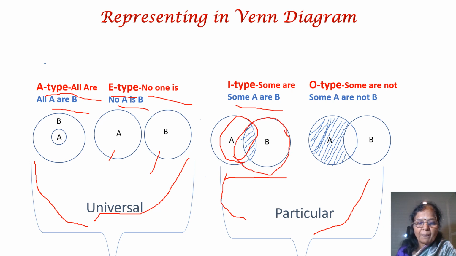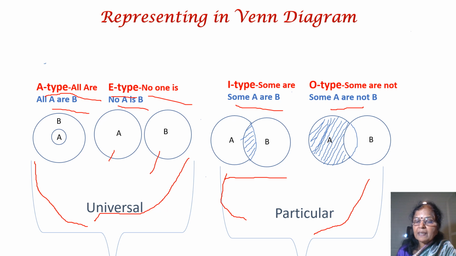Let me not confuse you, I will erase this. So some A is B, this part. And again, O type, again particular, but negative. Some A are not B. See here, this part is not.